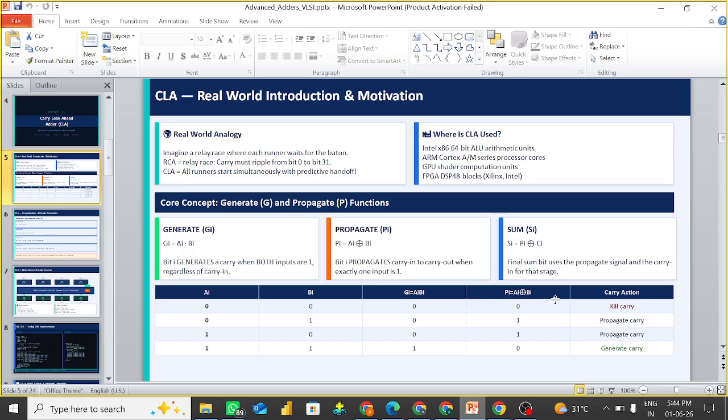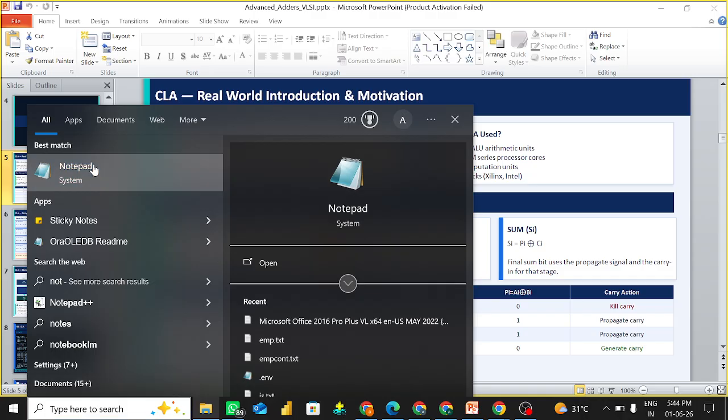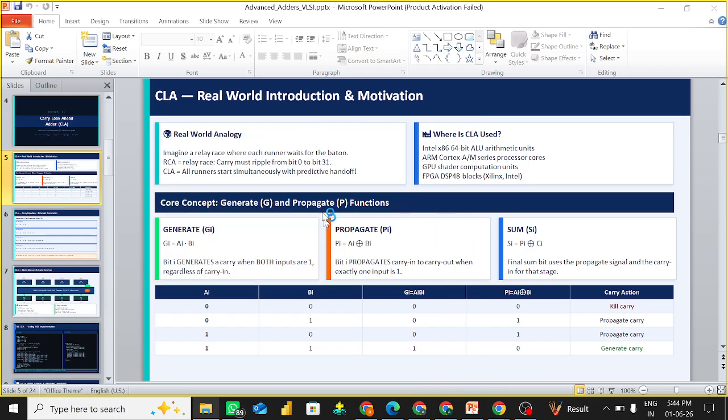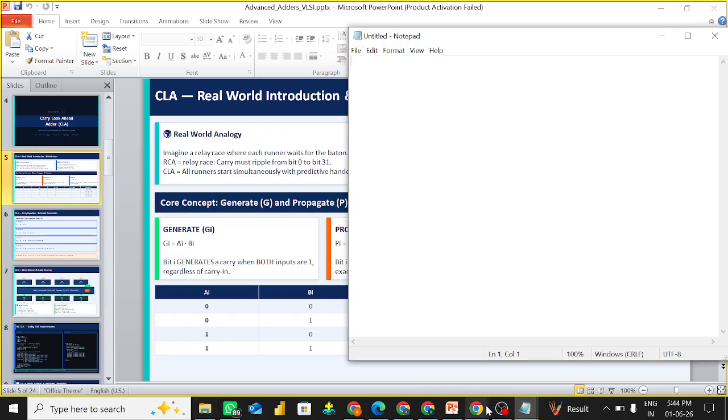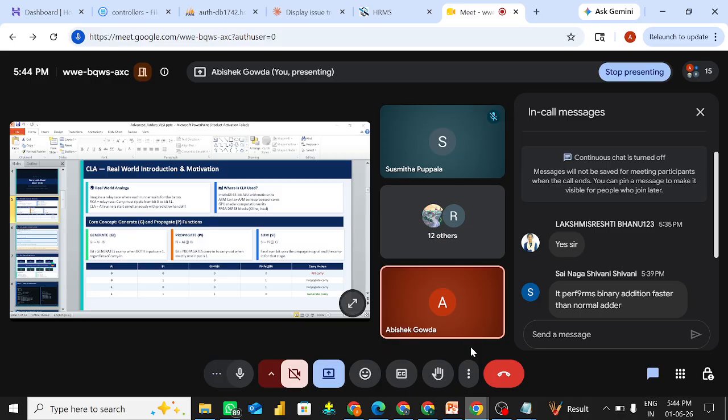Okay, look here, I will give one example. Can you guys see my notepad? Is my notepad visible?